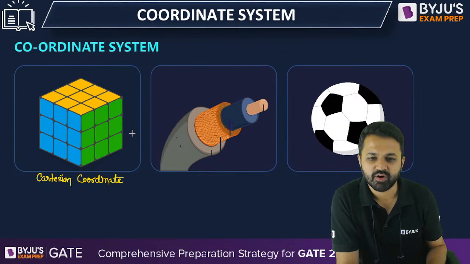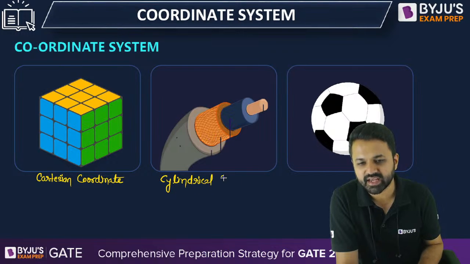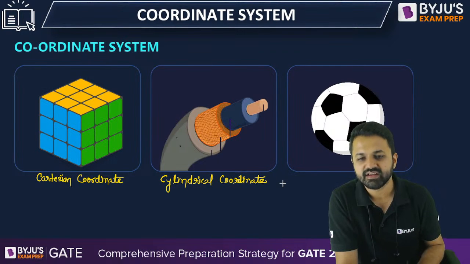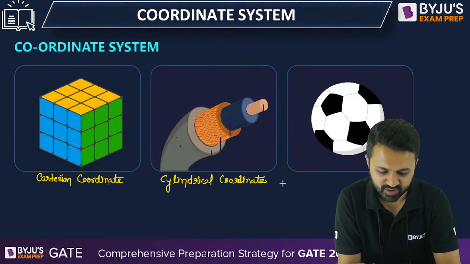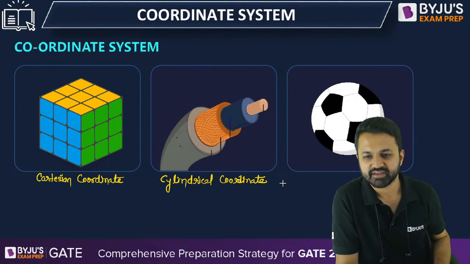Now, if I talk about the cylindrical coordinate system, it can be compared with a coaxial cable. You can compare the cylindrical coordinate system with any cylindrical shape, like a bottle, which has the shape of a cylinder.